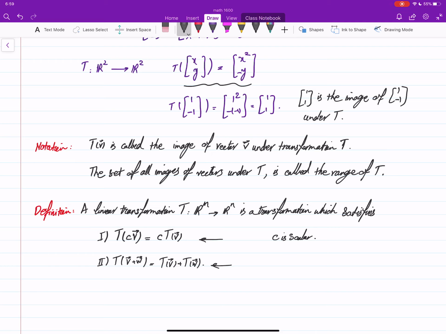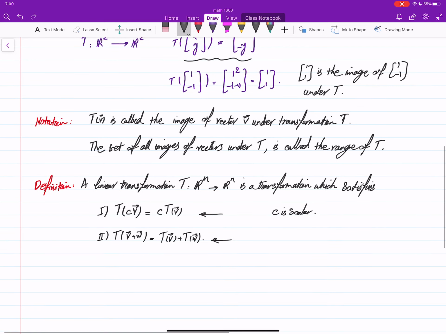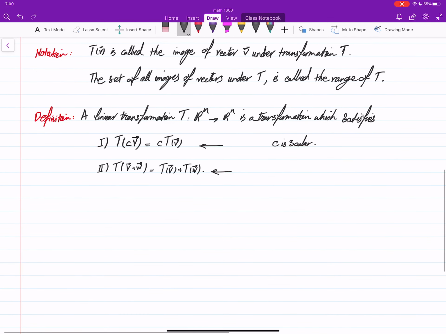So it preserves the structure of vector spaces. When you multiply some vector by a scalar, the image of that vector is going to be multiplied by that scalar, and if you add two vectors, find the image, it will be the same thing as the sum of the images of those vectors. Let's see some examples here.